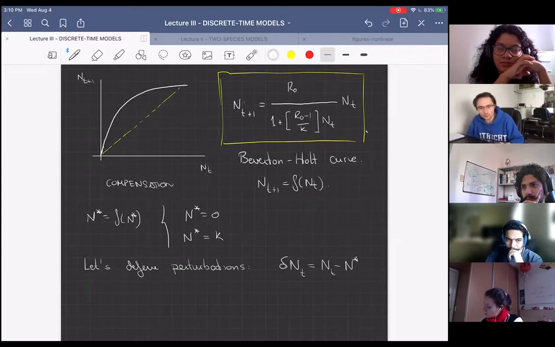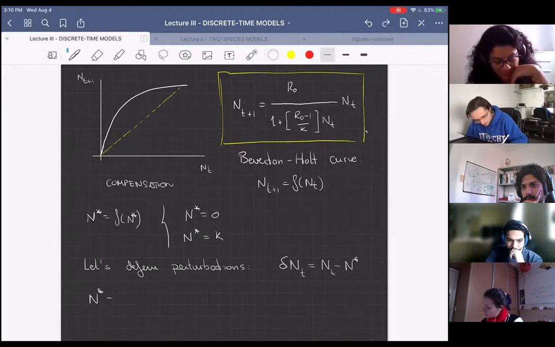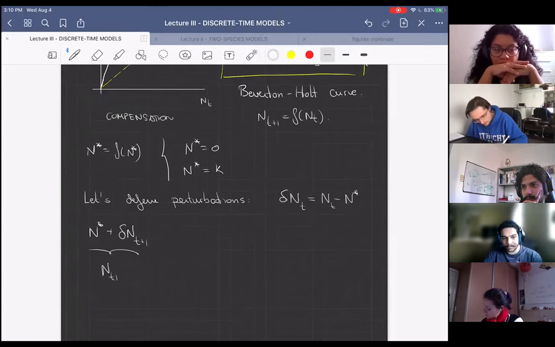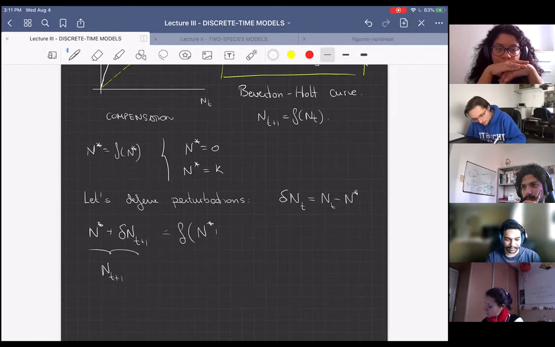This is pretty much the same we did before. And now we can write our equation. This would be n t plus 1, and this would be equal to some function f of the perturbation plus n star. Okay, we can do the same that we did before. We do a Taylor expansion on this.